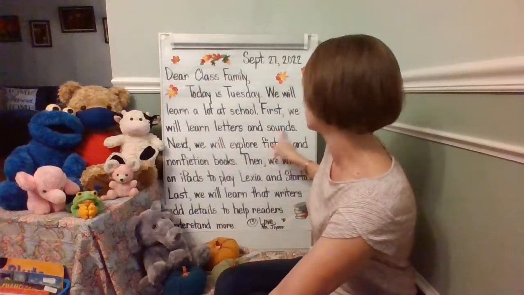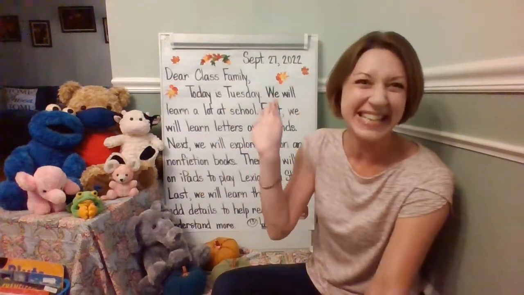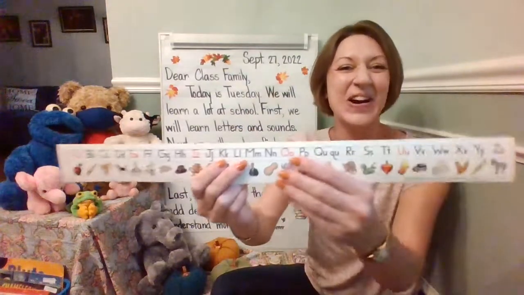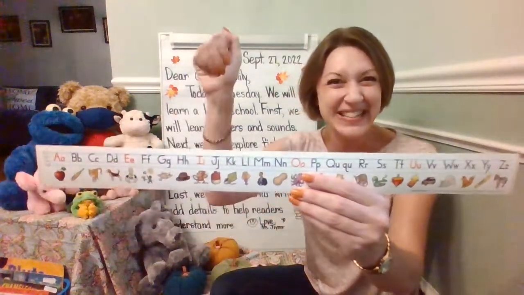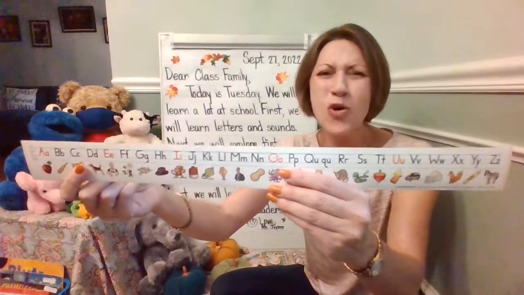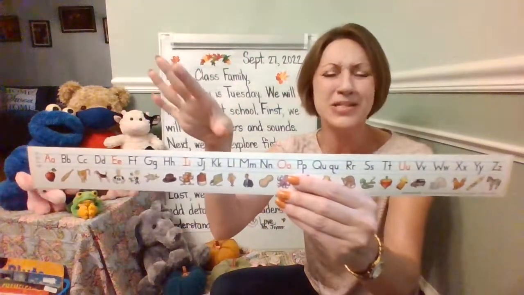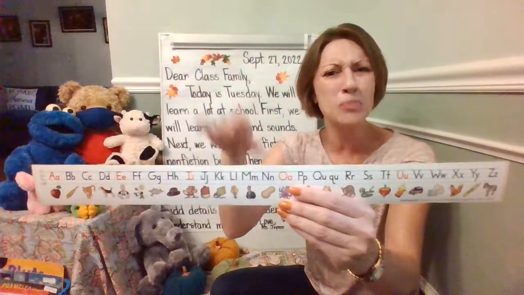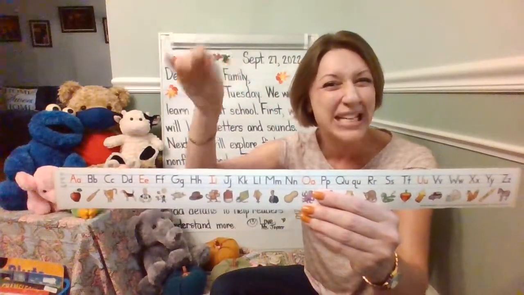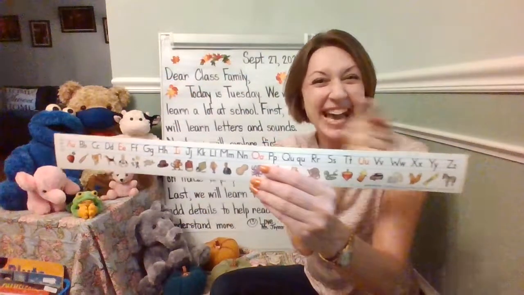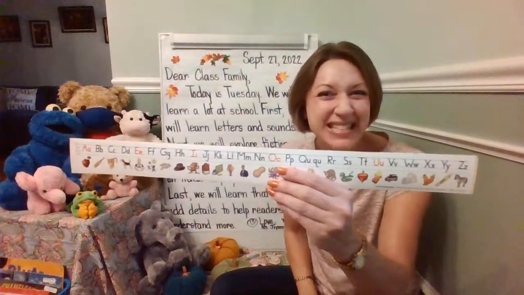First, we will learn letters and sounds. Okay, just like we do every day in kindergarten. We'll be reviewing letters and sounds, starting with the traditional ABC song. We'll be using our word wall as a resource on the smartboard. We are going to be going through A apple a, B bat ba, C cat ka, and all the way to Z zebra z.